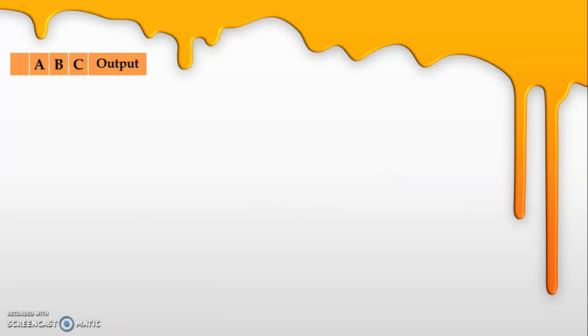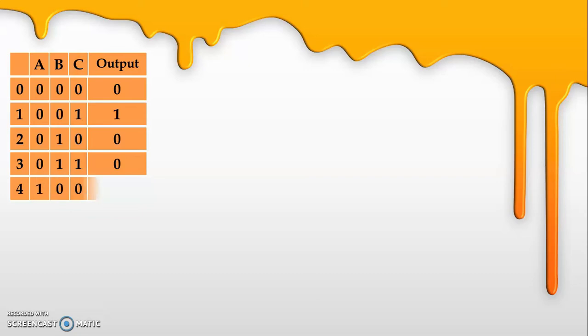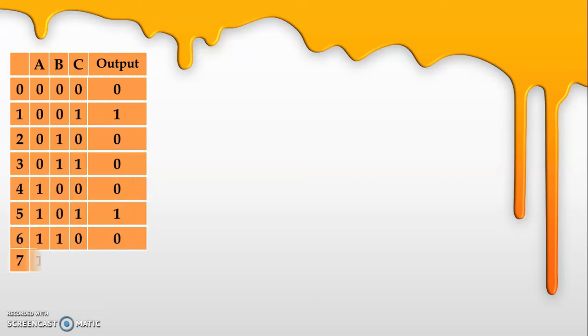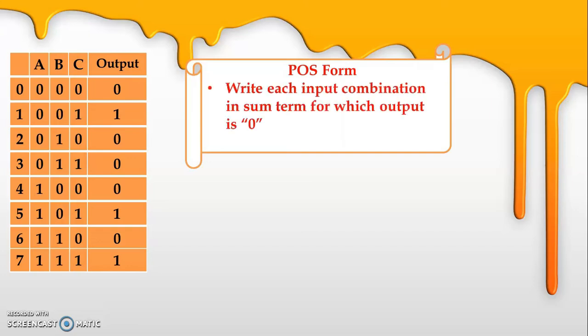Now suppose we take a similar truth table to the one we took for Minterms. We have 8 different conditions, and we have 3 input variables. Now to prepare the product of sum term, the POS term, we have certain steps. Step 1: write each input combination in sum term for which the output is 0.